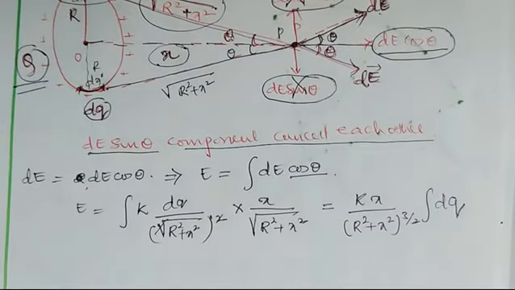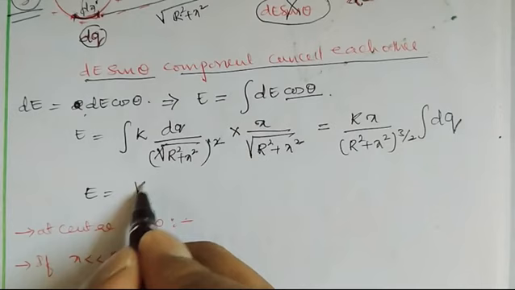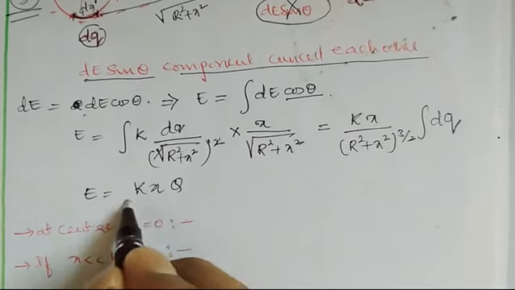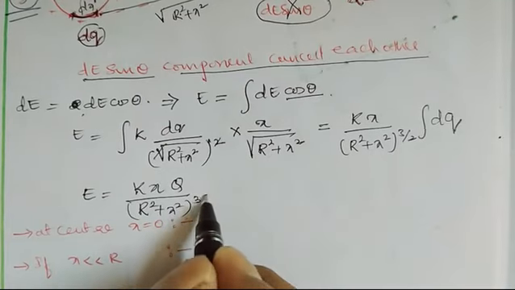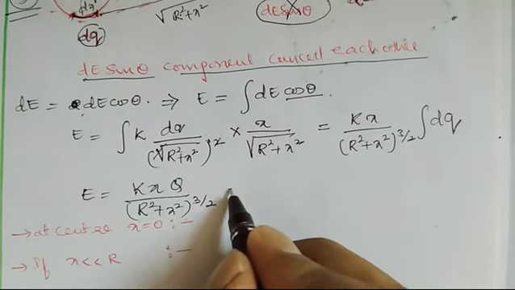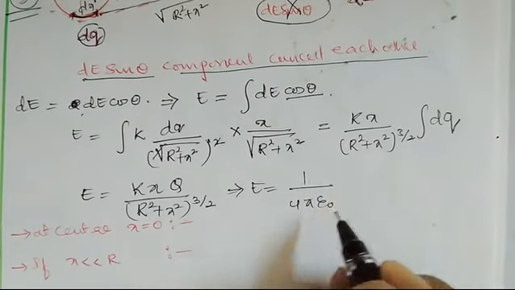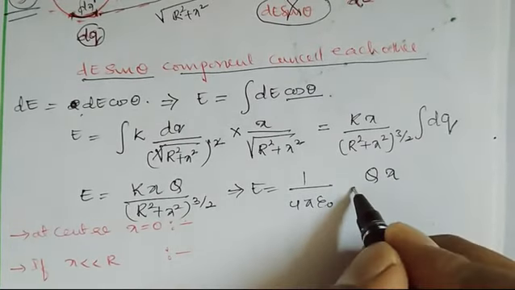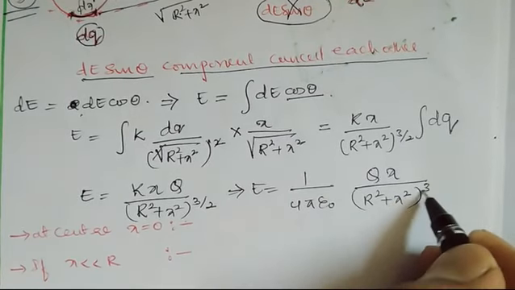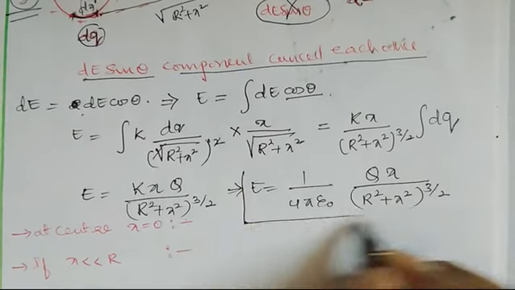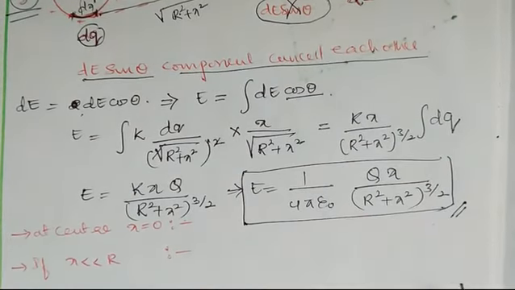Q. So we can write the electric field is equal to kxQ divided by R square plus x square to the power 3 by 2. In detail, it is 1 by 4 pi epsilon naught, Qx divided by R square plus x square to the power 3 by 2. This is the electric field due to a ring on the axis line.